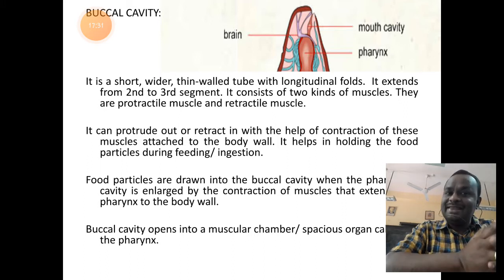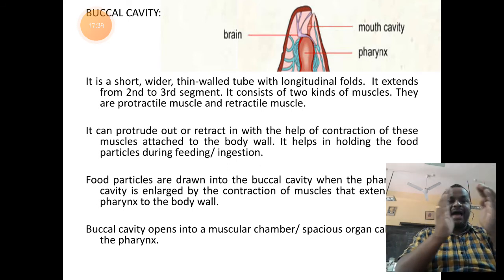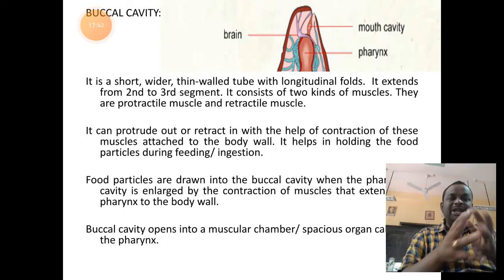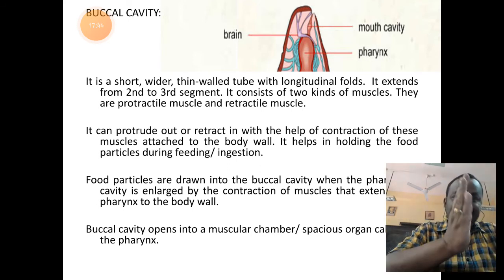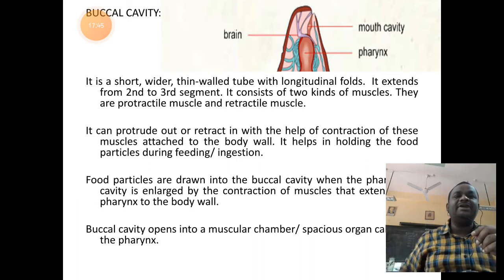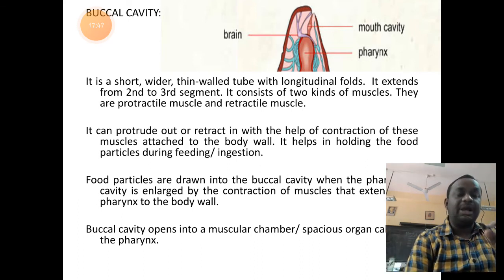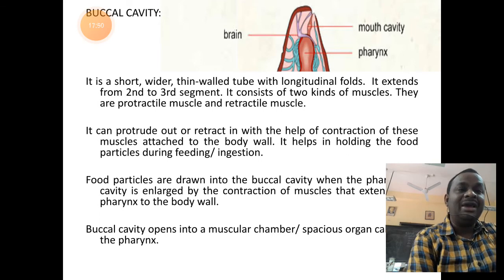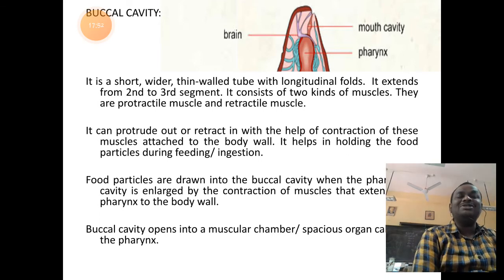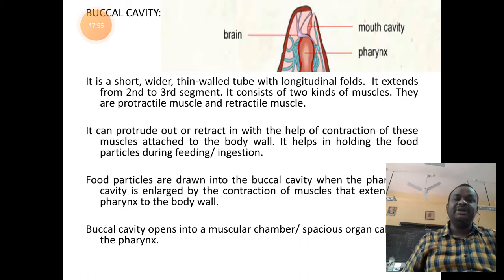Students, when you look at the diagram above, the mouth is the crescent shaped opening seen at the top, that continues as a narrow opening inside. The wider opening that we find continuing from the mouth is called the mouth cavity or buccal cavity.